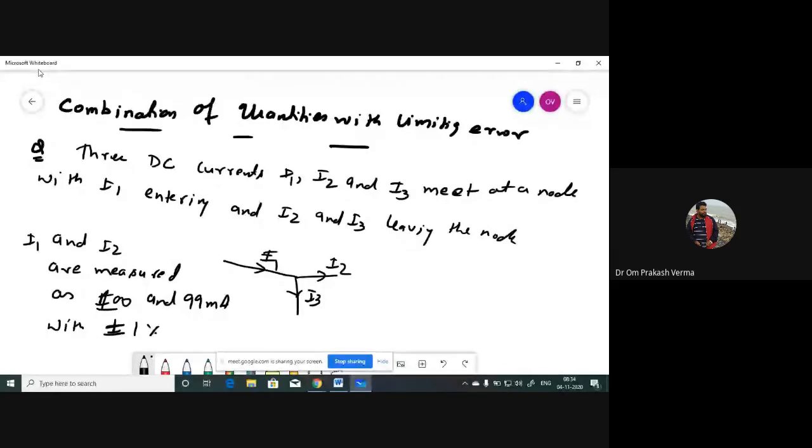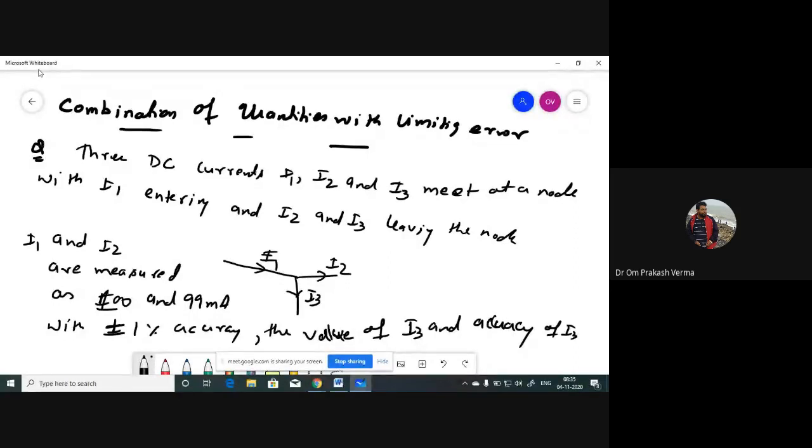This 1% is the limiting error of each current, I1 and I2. So you have to find the value of I3 and the accuracy of I3.